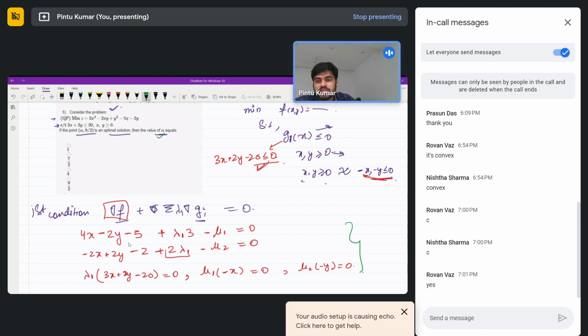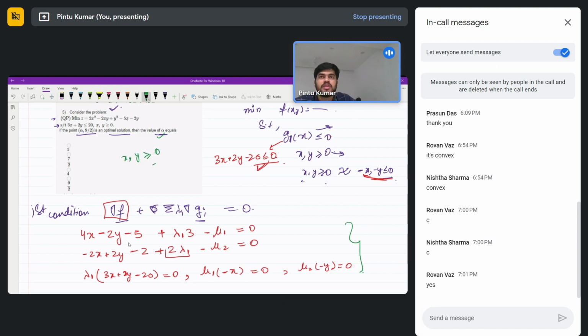Because the constraint that was given was in the form x comma y greater than or equal to 0, right? But the standard form is when gi of x is less than or equal to 0. So we will convert all the constraints into the form less than or equal to 0. That's why we have a minus x over here, and minus y.